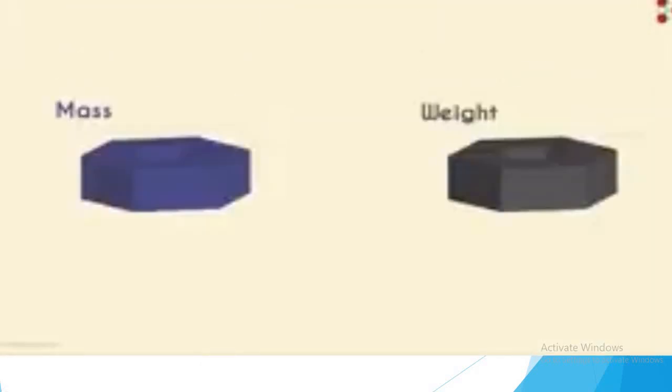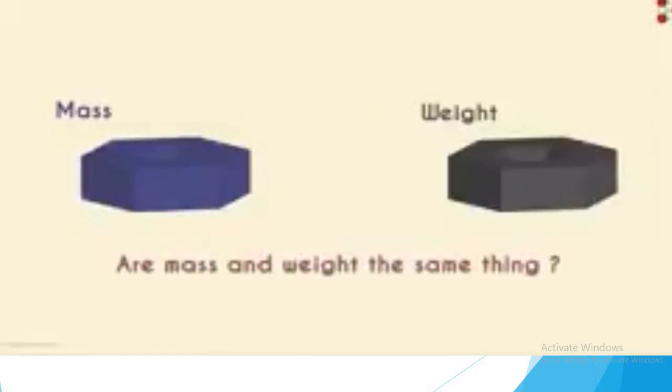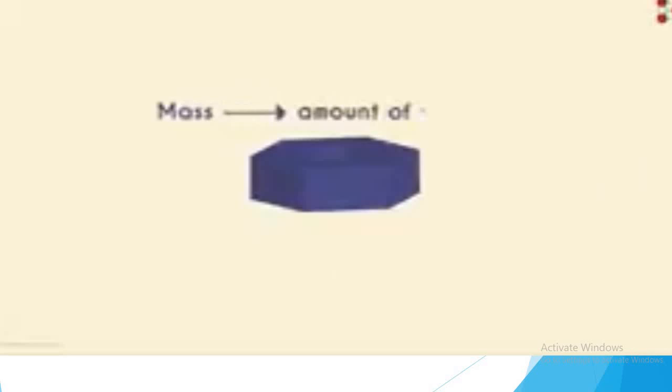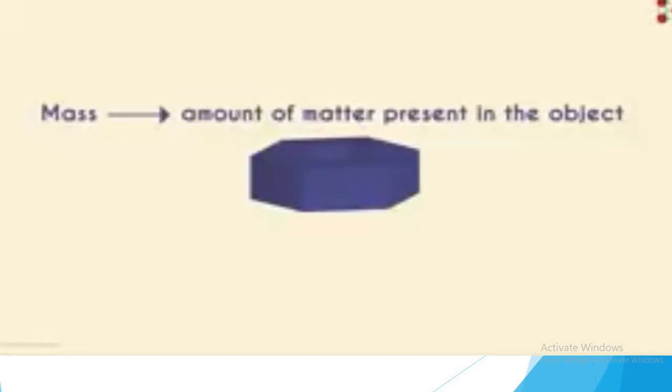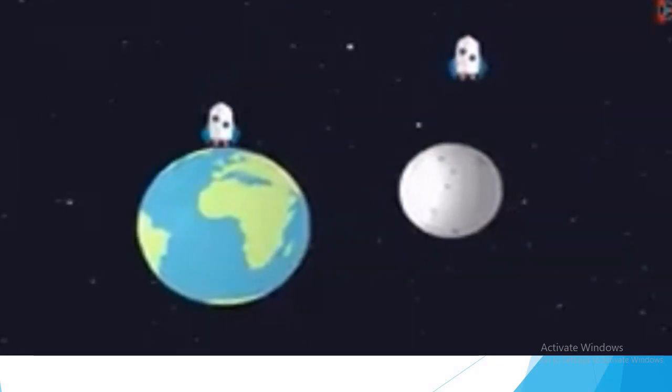Let's accept it. Most of us think that mass and weight are pretty much the same thing. Are they? No, they're not. There's a very simple way to understand the difference. Mass is simply the amount of matter that's present in the object. Now consider two situations. One in which an object is on the earth, and second in which the same object is on the moon.